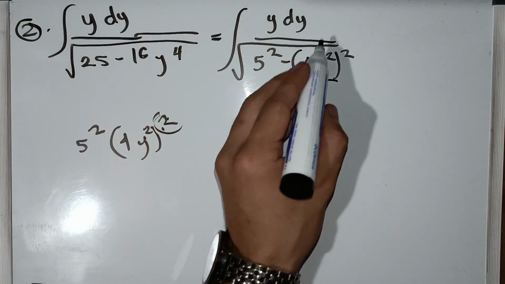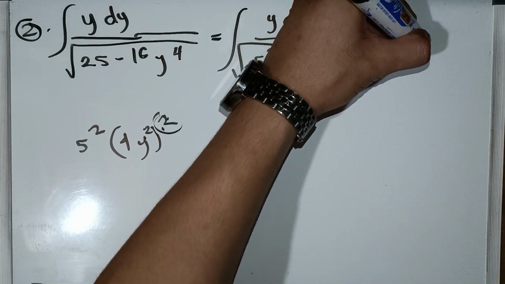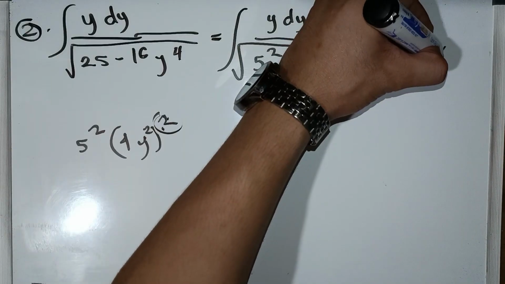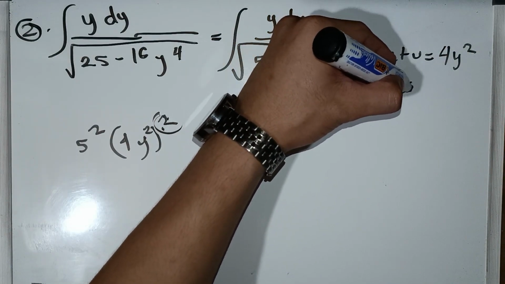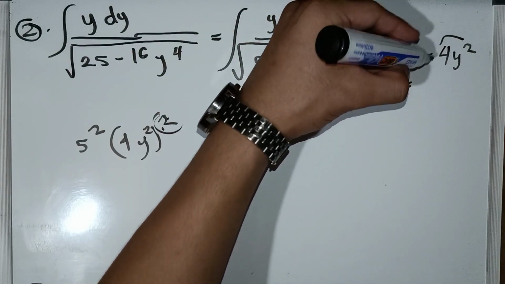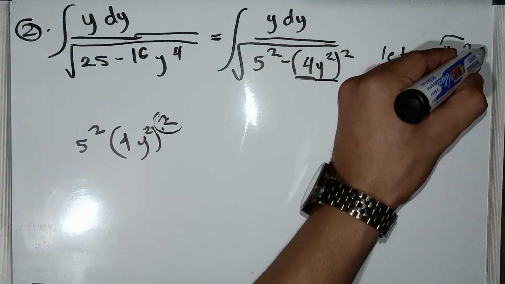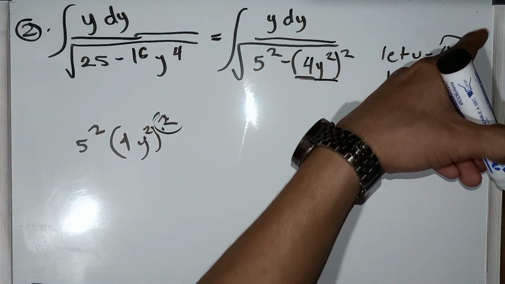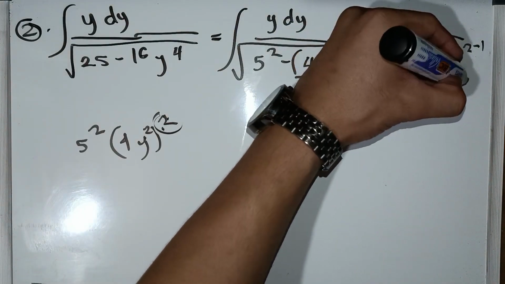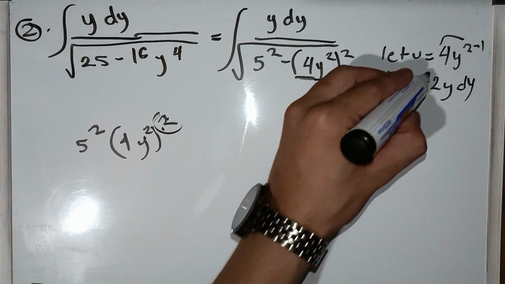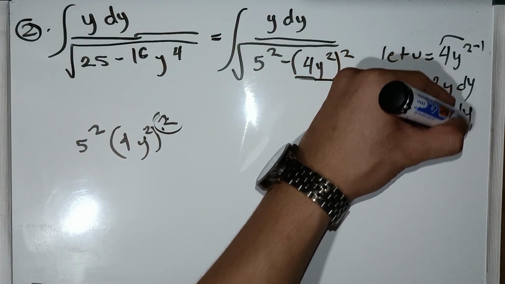Again, getting the derivative of our u: let u be equal to 4y squared. The derivative of this is 4 multiplied by 2y, so du is equal to 8y dy.